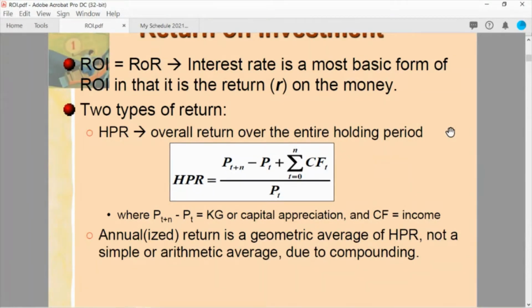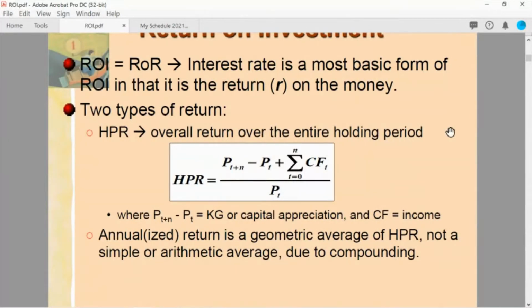And then you can find the average of all those 60 monthly returns, and then you compound it. If you found the average monthly return, then you compound it by 12.